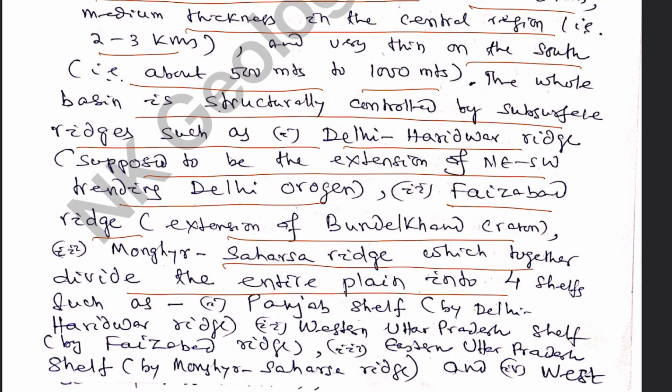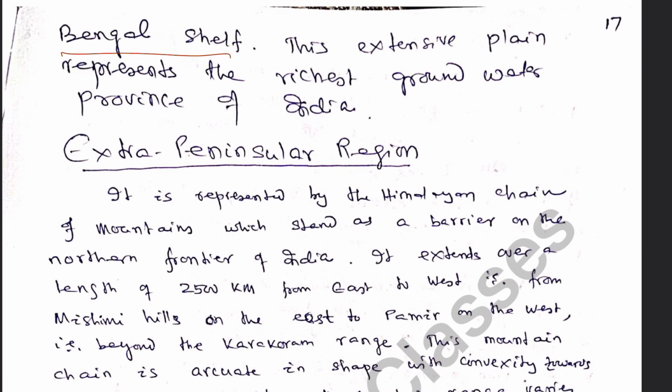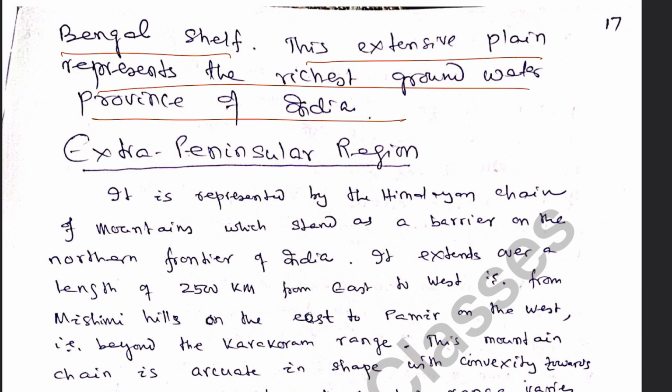These three ridges divide the entire plain into four shelves: the Punjab shelf, by the Delhi Haridwar Ridge; the western Uttar Pradesh shelf, by the Faizabad Ridge; the eastern Uttar Pradesh shelf, by the Munger Saharsa Ridge; and the West Bengal shelf on the extreme east. So the three ridges divide the entire Indo-Gangetic plain into four shelves. This extensive plain represents the richest groundwater province of India.